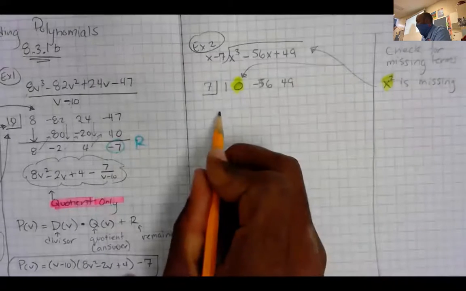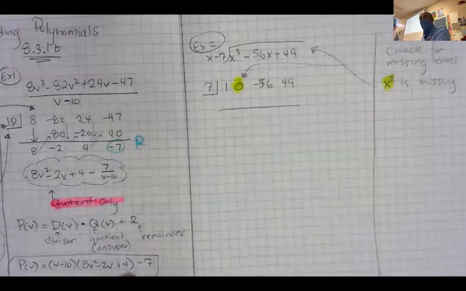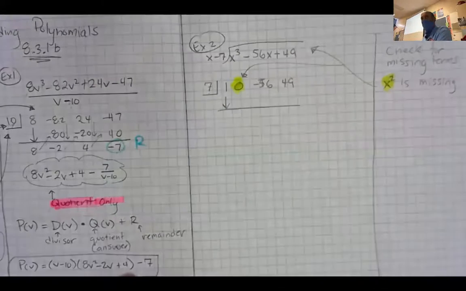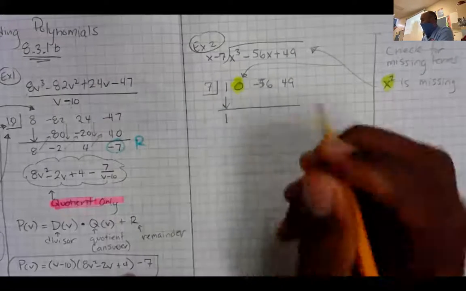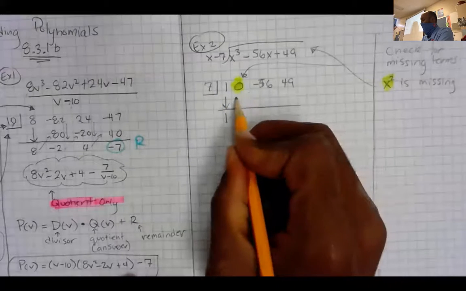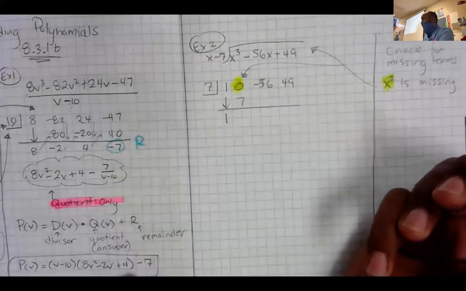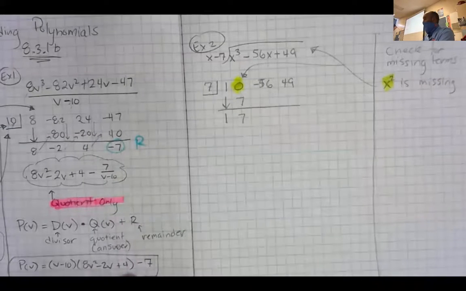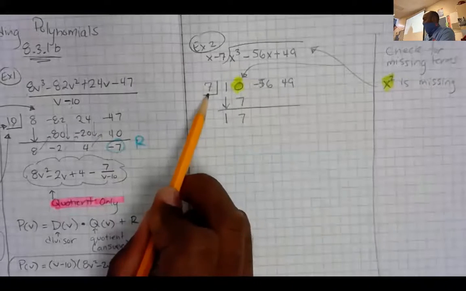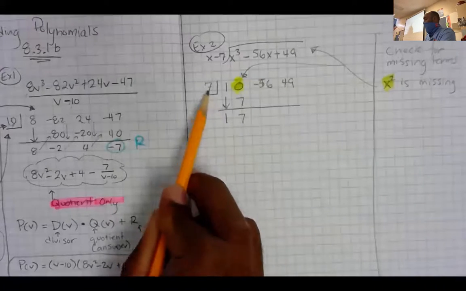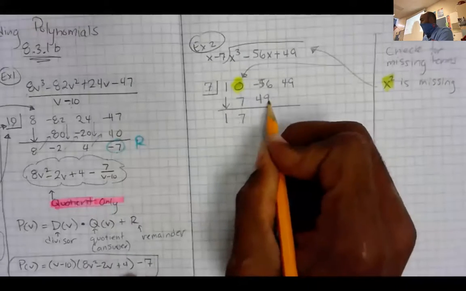Okay, so now I'm going to put my line down here. Leave some room. Bring down the first coefficient, which is 1. First step, multiply. 7 times 1, 7. Then add 0 plus 7, 7. Then again, multiply the root times the new coefficient down here, which is 49.